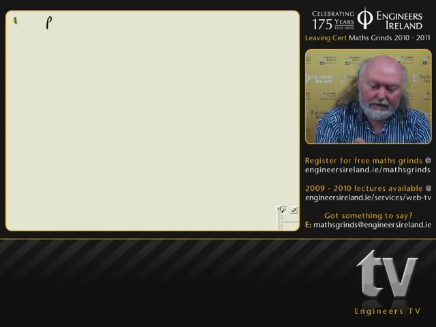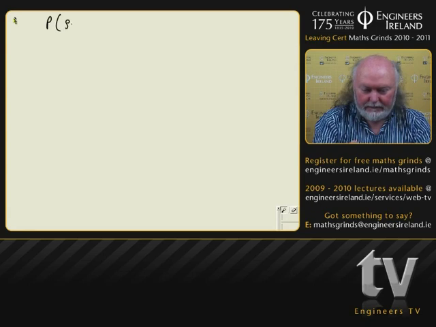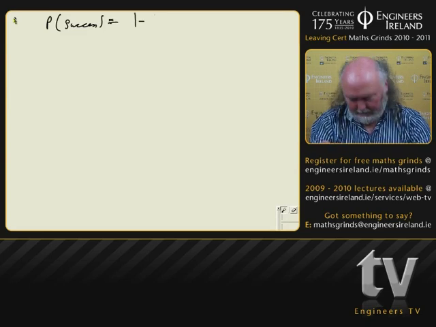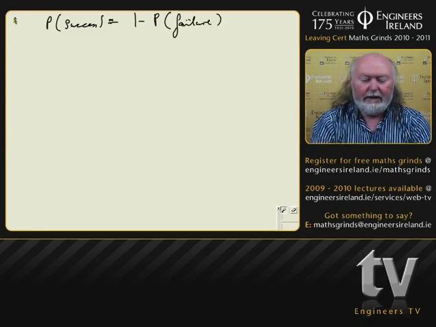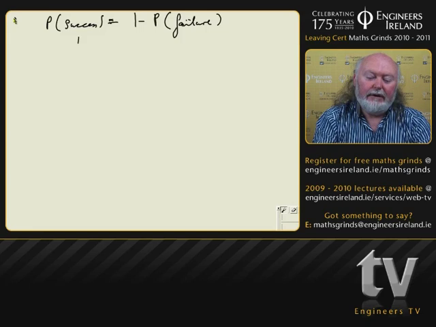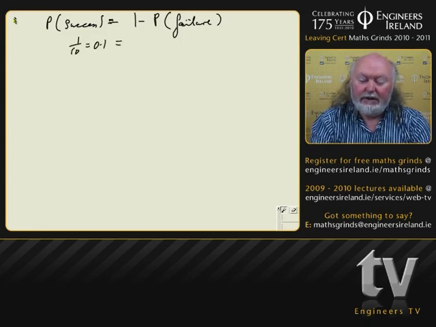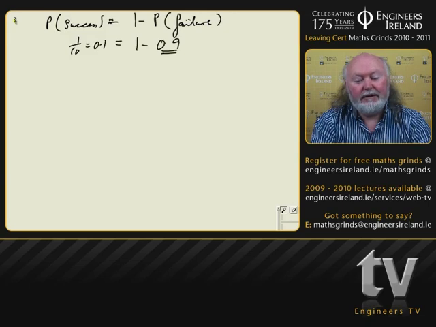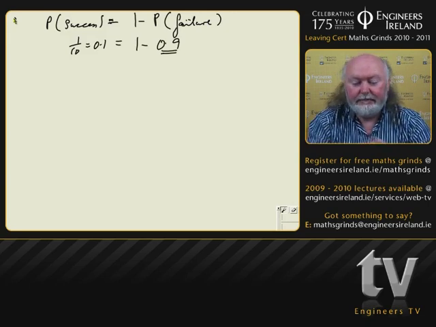The probability of success is equal to 1 minus the probability of failure. In our last example, we had 1 over 10, which we know is 0.1, and we're saying that's 1 minus, and we know the probability of failure then had to be 0.9.